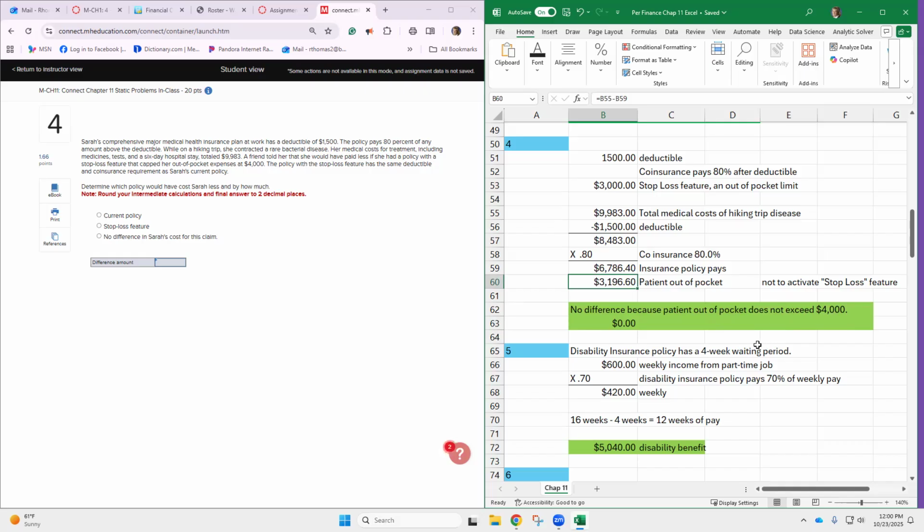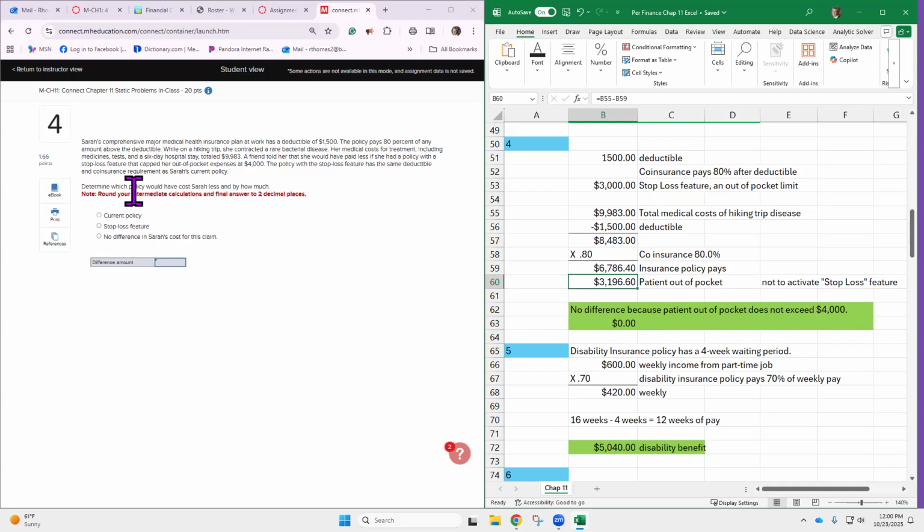That stop loss feature means that you don't have to pay any more out of pocket after $4,000. So in this particular instance, that stop loss feature did not make a difference because the out-of-pocket amount from the patient didn't reach that stop.